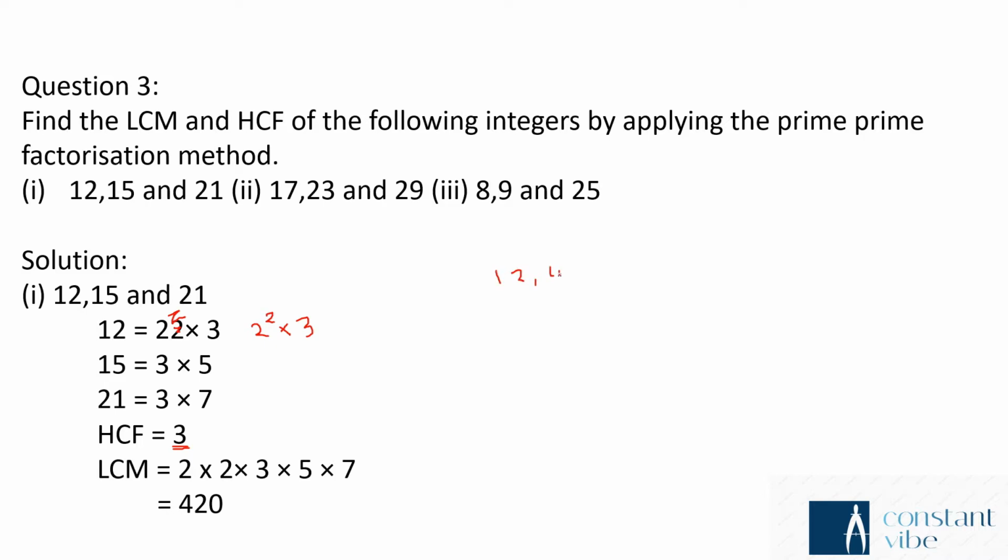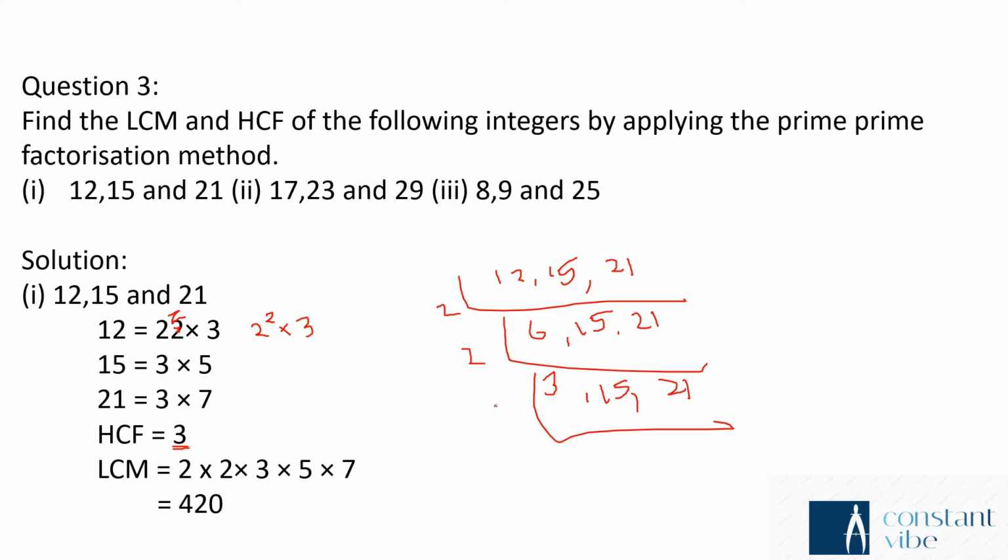12, 15 and 21. Dividing by 2, it is 6, 15 and 21. Again we divide by 2, so here 3, 15 and 21.